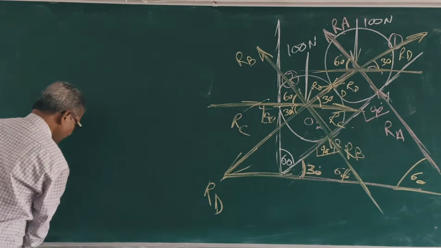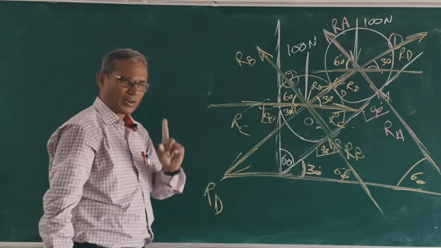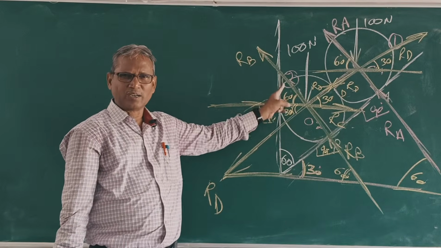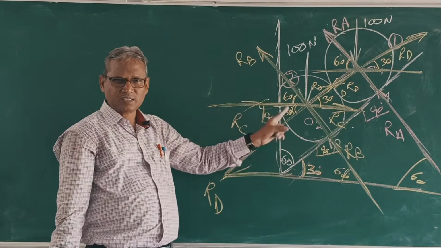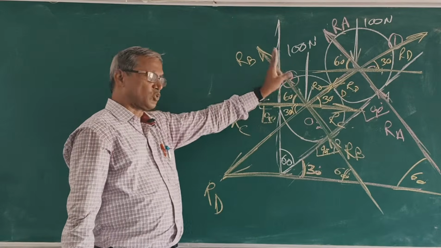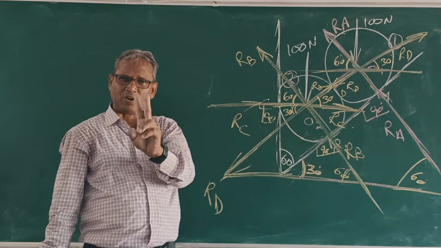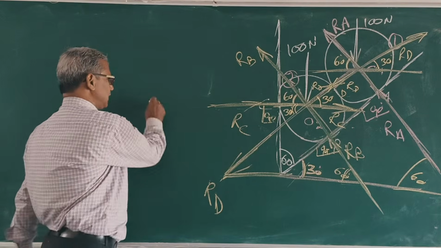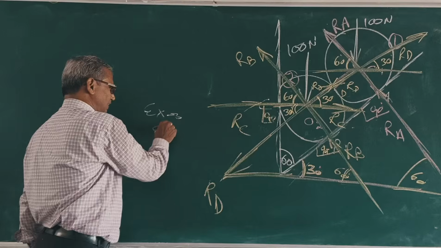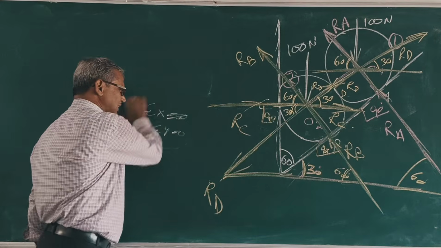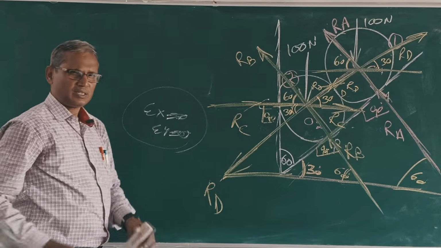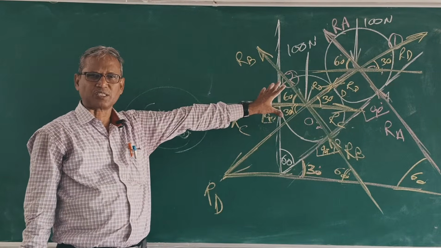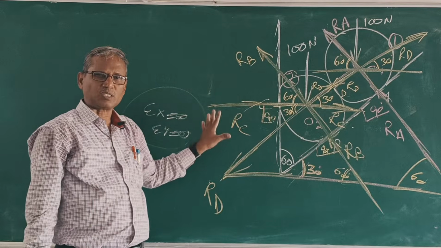Why am I taking roller 1, not roller 2? This is the question. Why am I taking roller 1 but not roller 2 first? The answer is, because roller 1 has two unknowns. Two unknowns can be found from the two equations of equilibrium, sigma x is 0 and sigma y is 0. Three unknowns cannot be found using these equations. This is a system of coplanar and concurrent forces, so only these equations can be utilized.